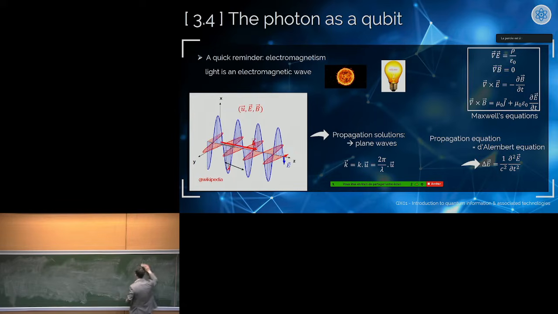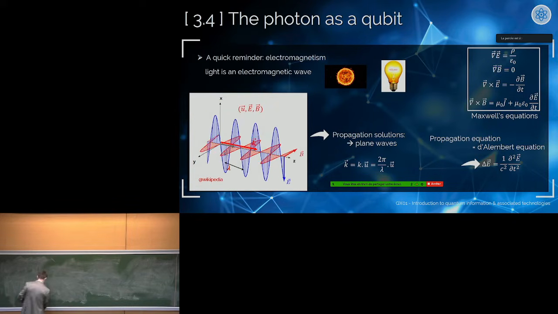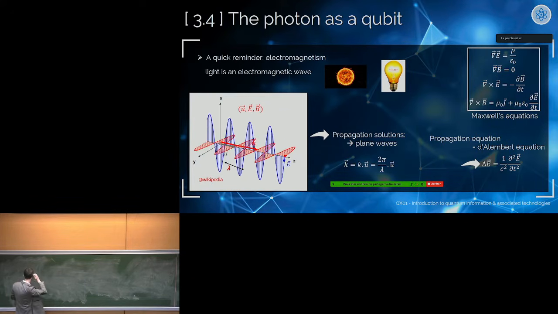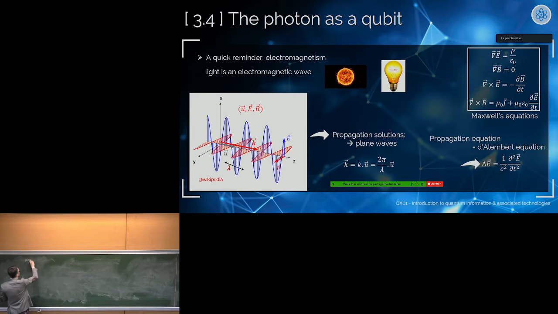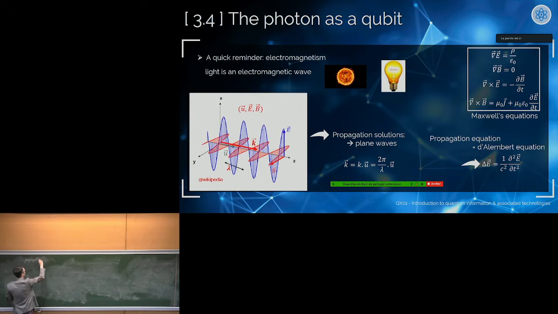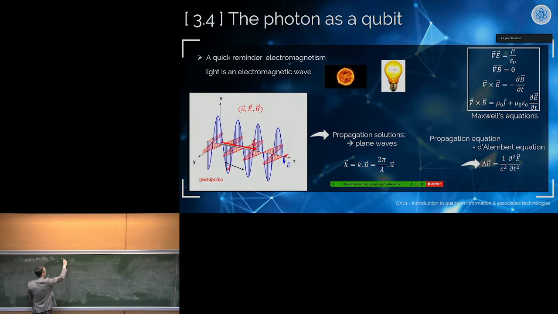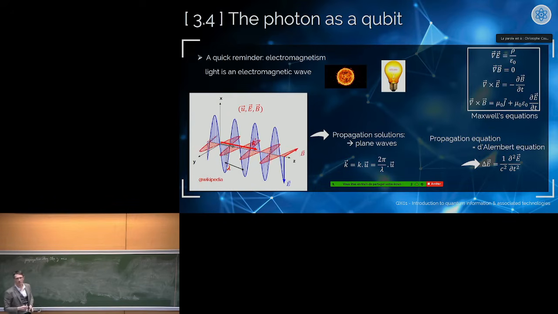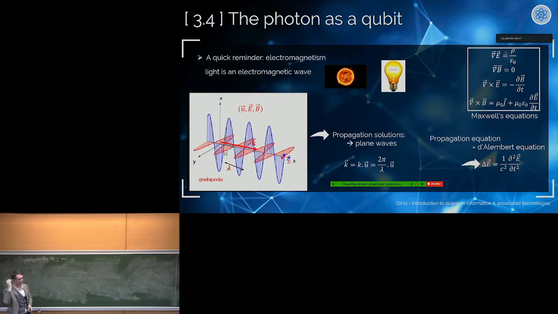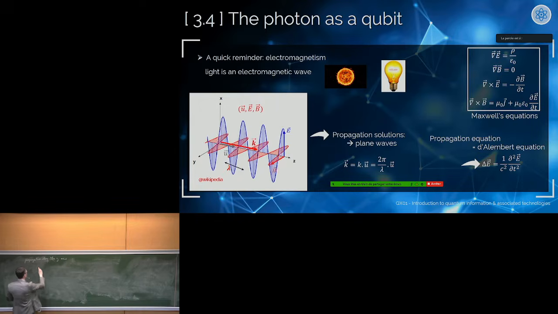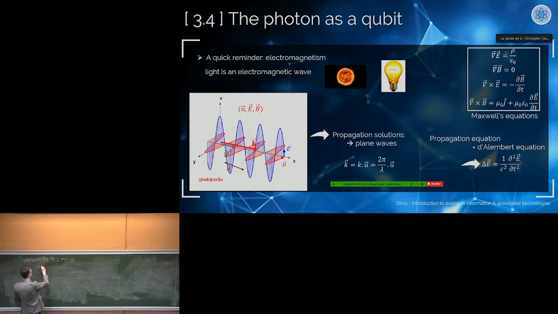So if I have a propagation along the z-axis, then this would be the most general propagation equation.